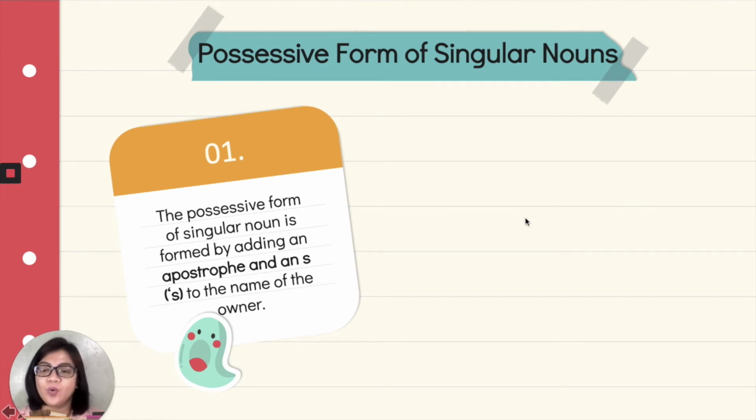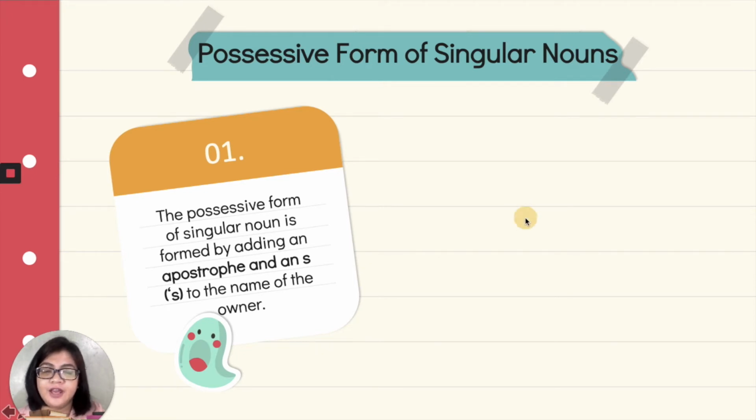If you're going to change the noun phrase eyeglasses of teacher, you can say this is teacher's eyeglasses. You just add apostrophe S to the name of the owner. Later I will show you how to put it into writing.